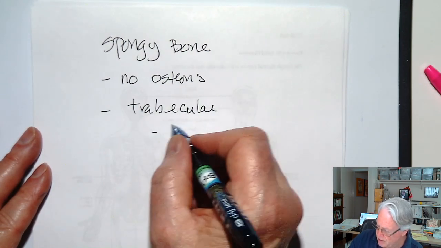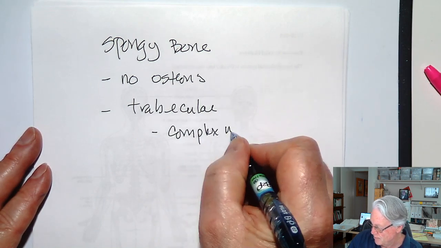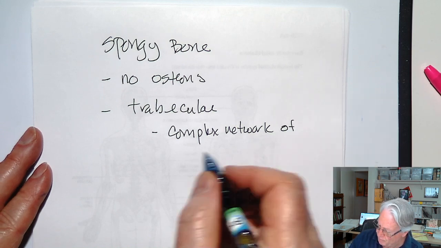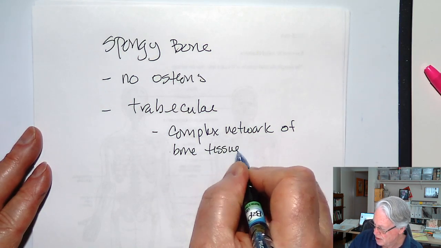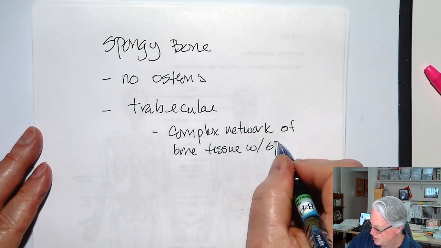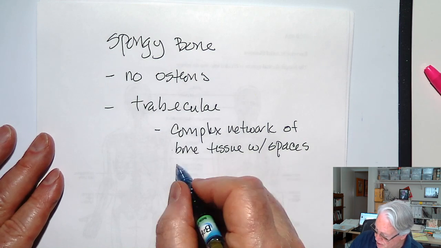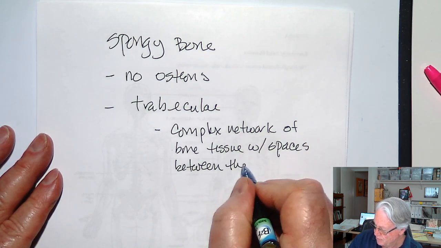And this is a complex network of bone tissue with spaces between the trabeculae.